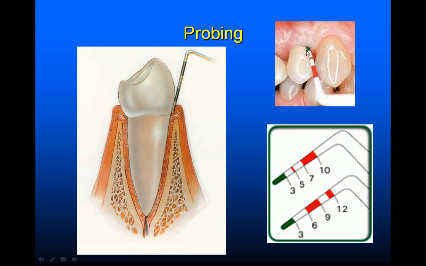If the probe is inserted into the sulcus and you can still see the green color from the tip of the probe, that's considered a healthy reading because the green tip is only 3 millimeters long. So if you can see it, that means there's less than 3 millimeters of pocket depth.